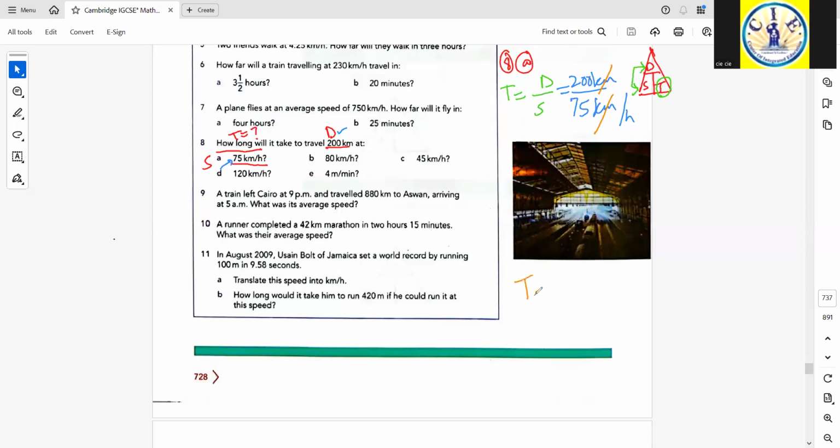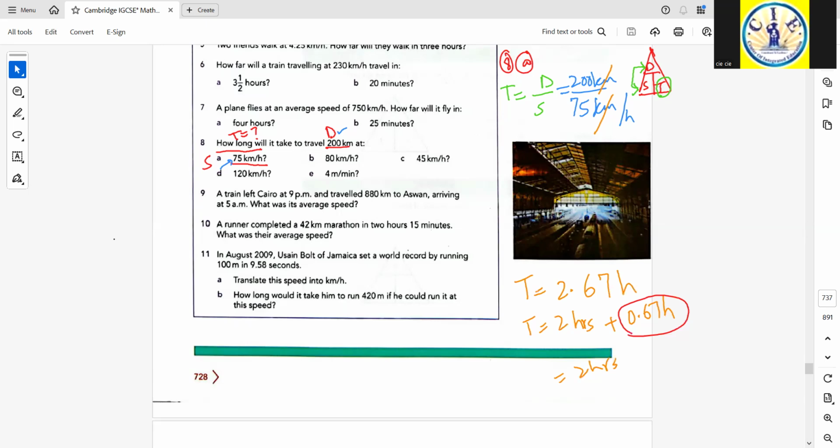So time is 2.67 hours. Now that means that 2 hours are completed plus 0.67 hours. So we can convert this 0.67 hours into minutes.